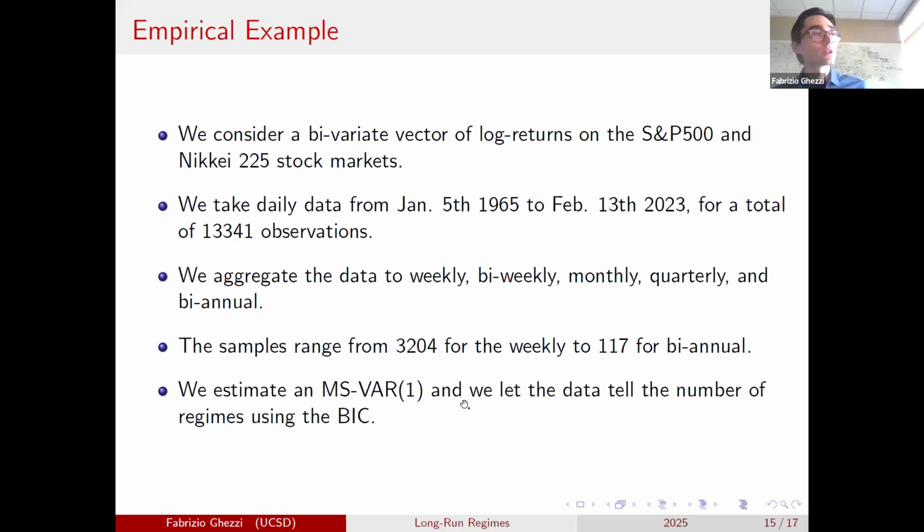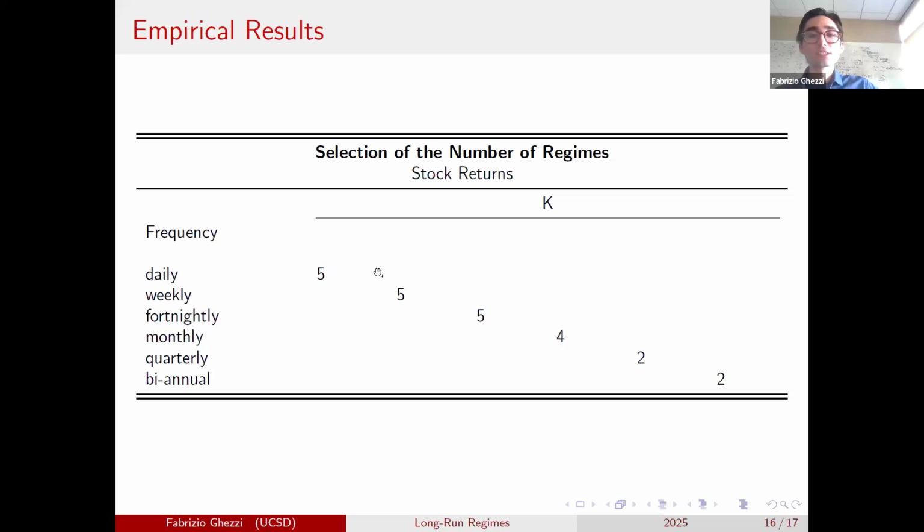Then I try again to estimate the number of regimes from this Markov-Switching VAR(1) on these empirical data. And what I actually see is the opposite pattern, meaning that as you aggregate to lower frequencies, you observe fewer regimes. Of course, one of the issues might be that you have few data points, so you cannot expect to really identify many regimes with so few data points.